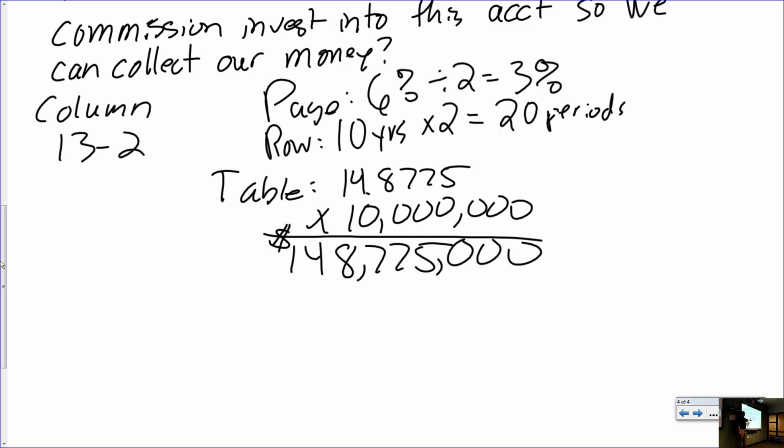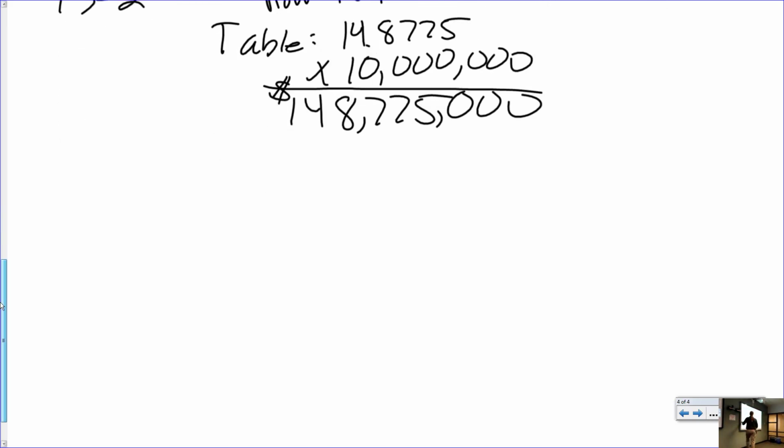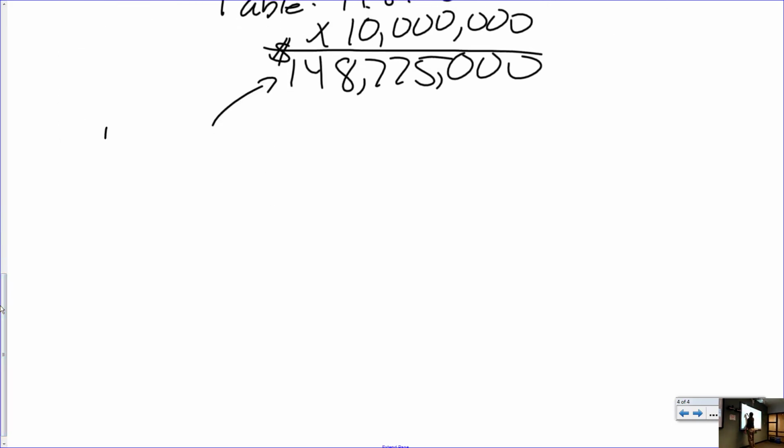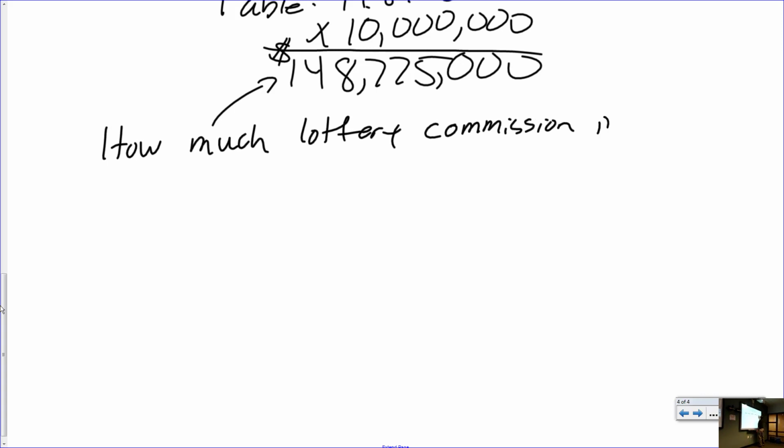Folks, this is the lump sum payment, okay? This is how much the Lottery Commission invests, and it is the lump sum buyout.